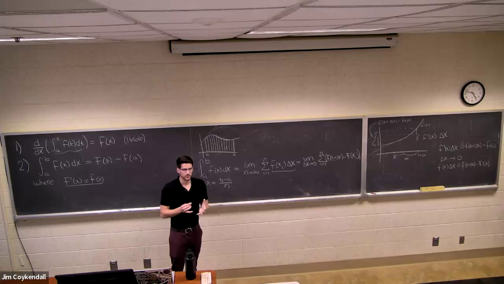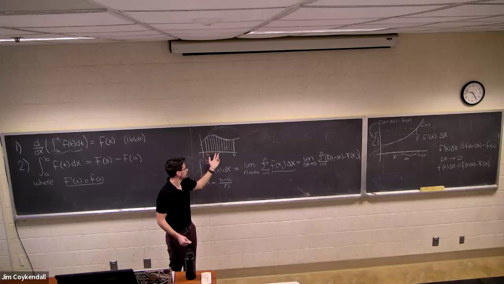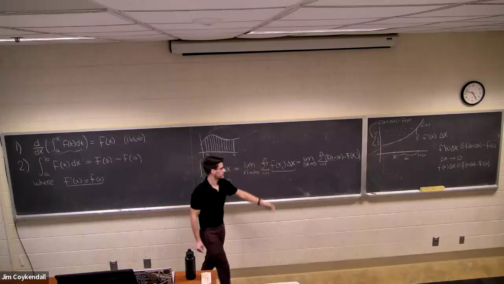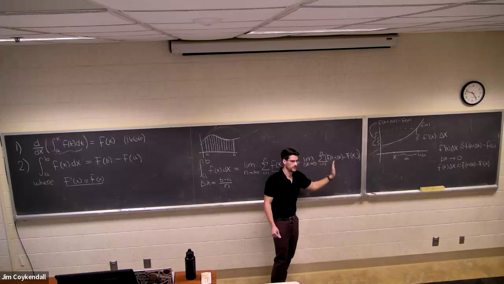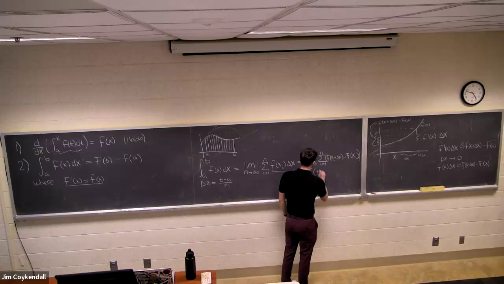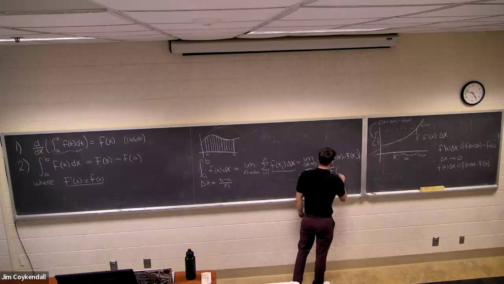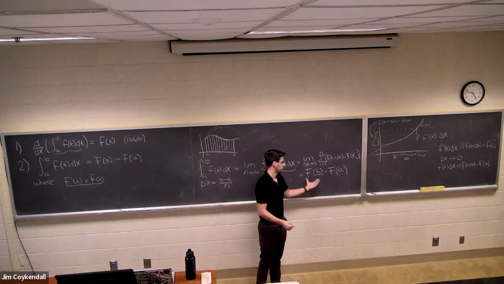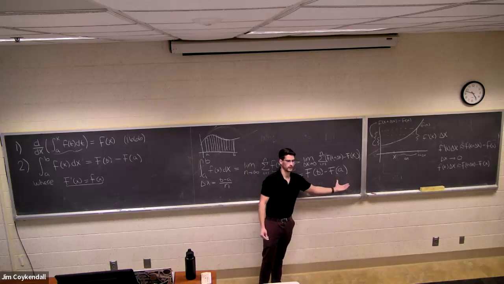And now because we're adding up change, I'm really just saying how much did it change on the whole interval. So when I sum up how much it changed on each of these subintervals, I just get how much it changed on the whole interval. Well, that's what we ended with. That's what we started with.